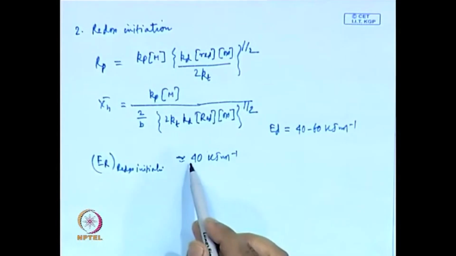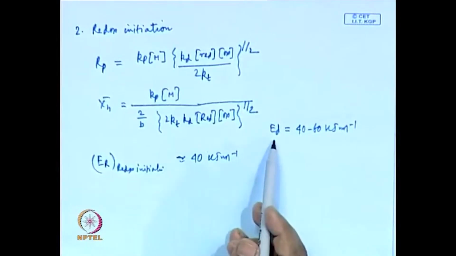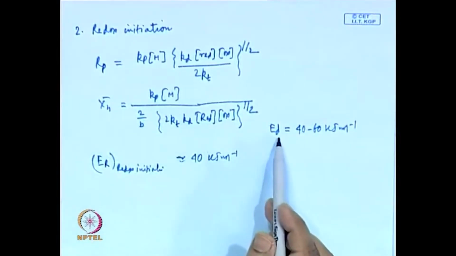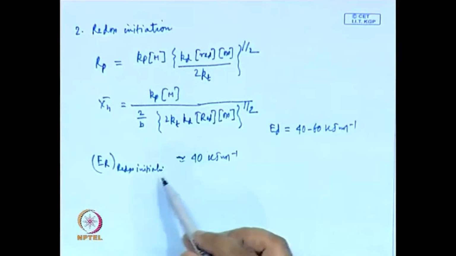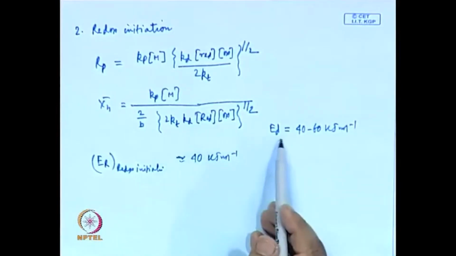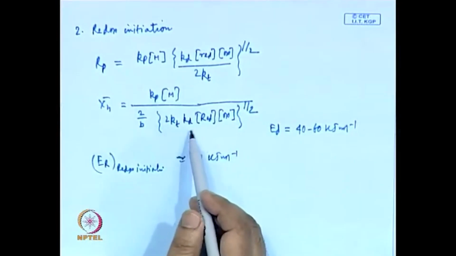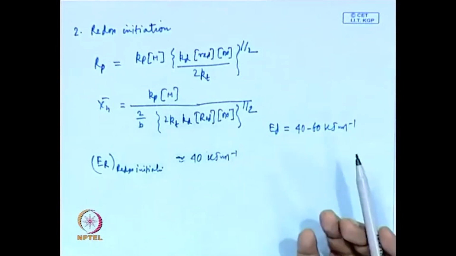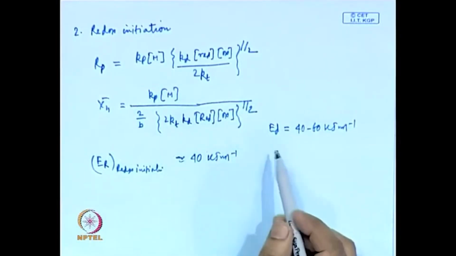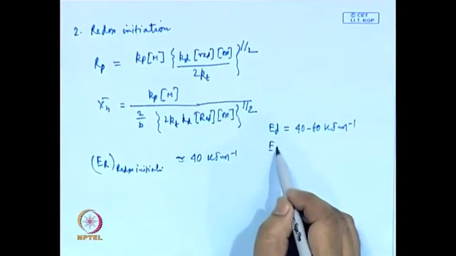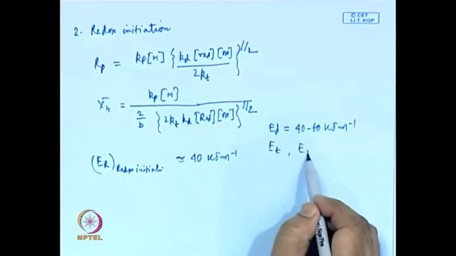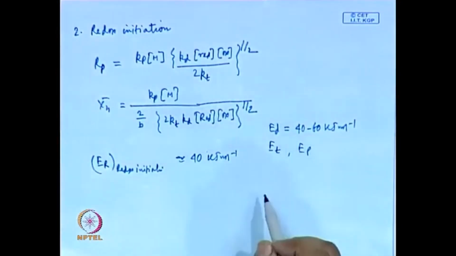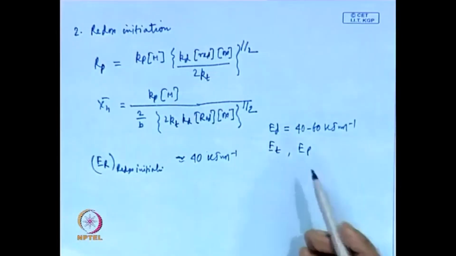Now, if you use the same approach, you will find that E_R is coming around, whereas the values for Kp and Kt remain the same, or rather the values for Et and Ep remain the same as in thermal initiation, because they are the same reactions we are talking about.